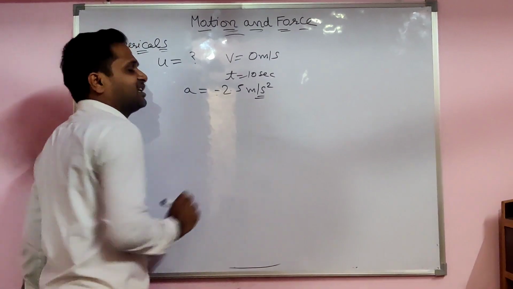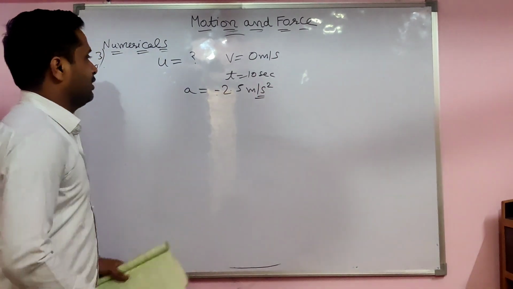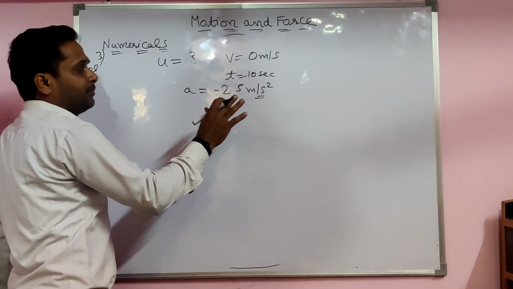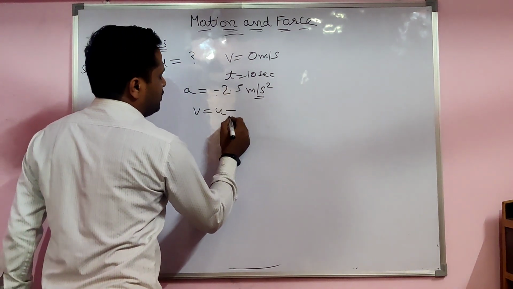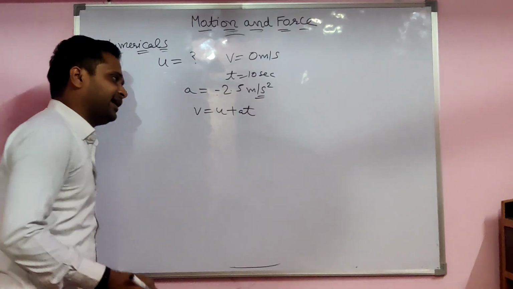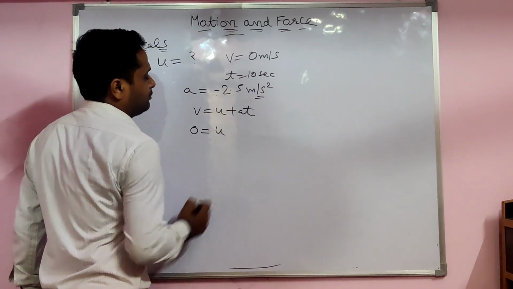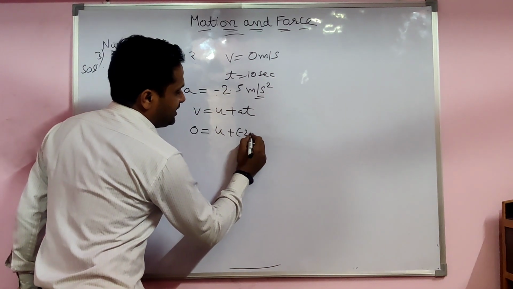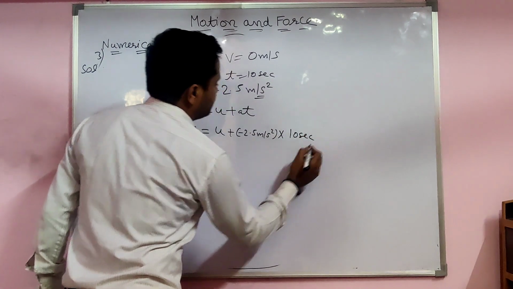Meter per second square means acceleration is there. Meter per second means velocity is there. So see, there v, u, t, a: four parameters are there. So which equation do you have to use? v is equal to u plus at. Put the value: v is 0, a is minus 2.5 meter per second square, t is 10 seconds.